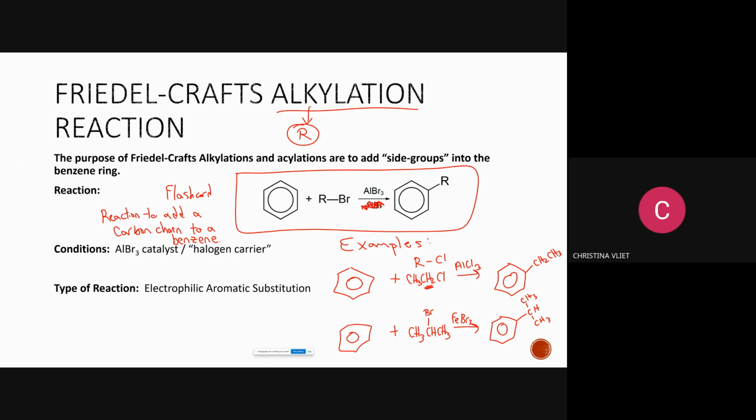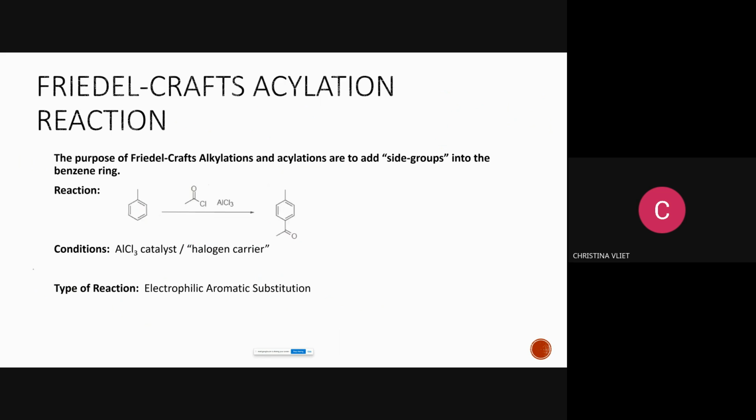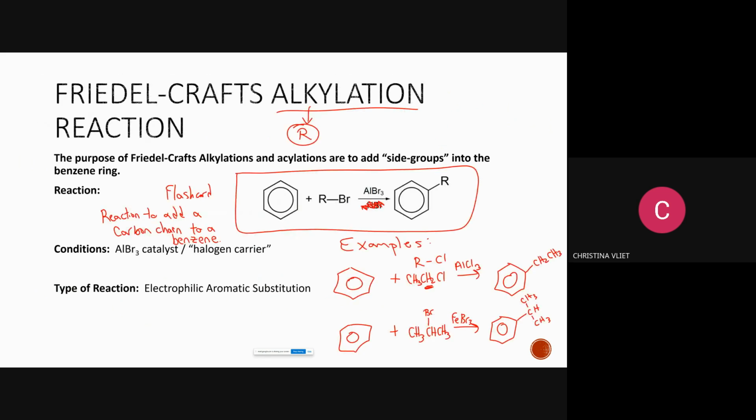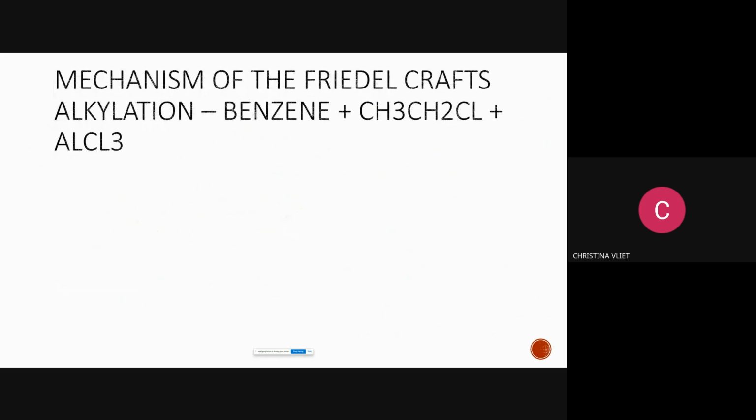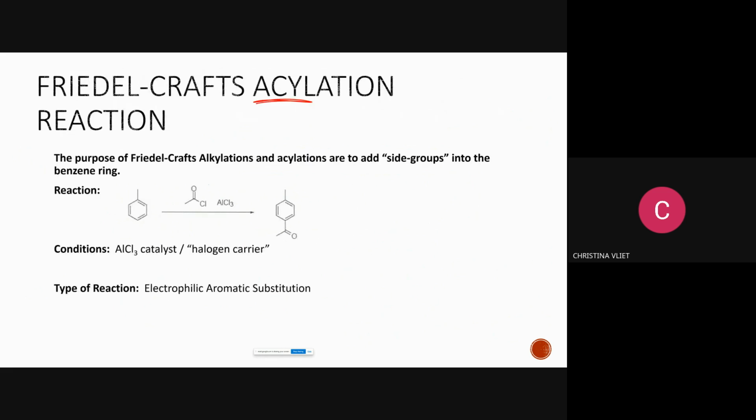If you're good, let's take a look at this. Acylation. So what's the difference between alkylation and acylation? What is the difference? And I want you to underline this because there's a key difference in alkyl and acyl.